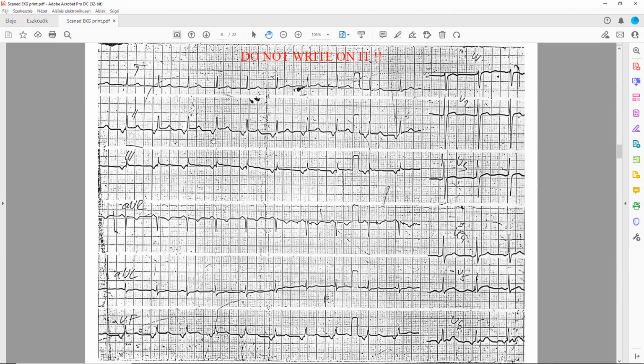If we had a sinus rhythm, the P should be positive in lead number 2 and negative in AVR. Now we have the opposite. In lead number 2, we have negative, and in AVR, we have positivity. Now, what does it indicate? Where is the impulse formed?